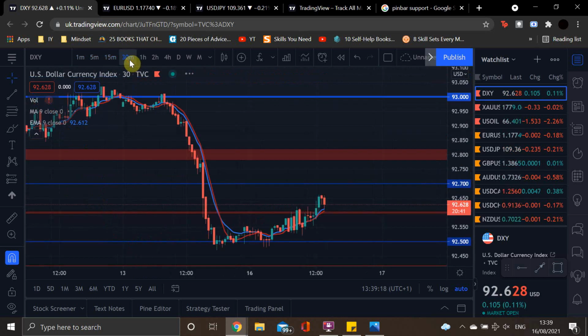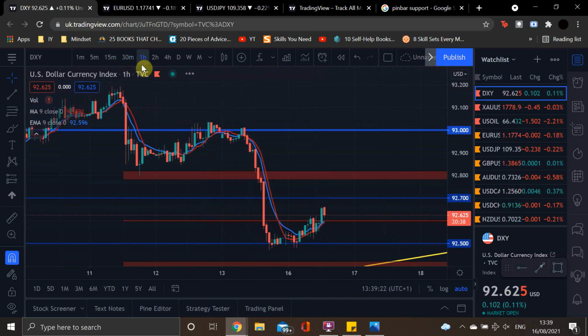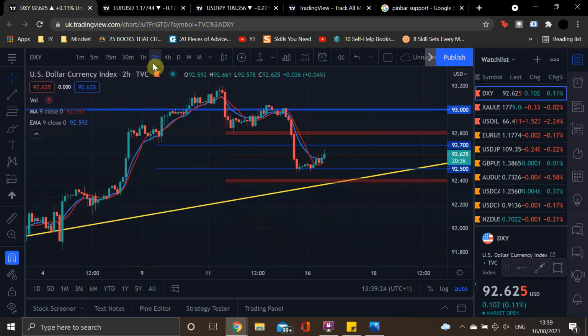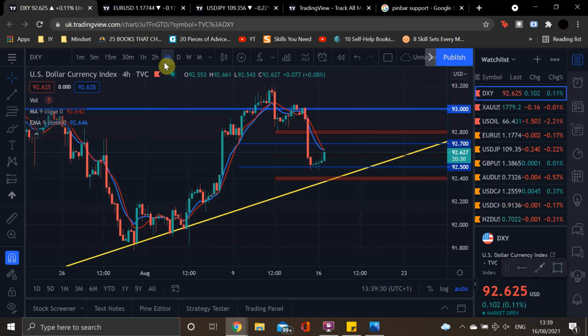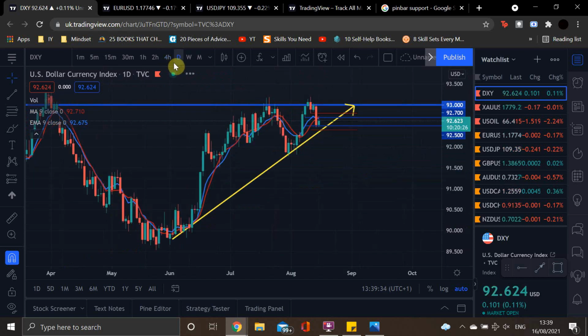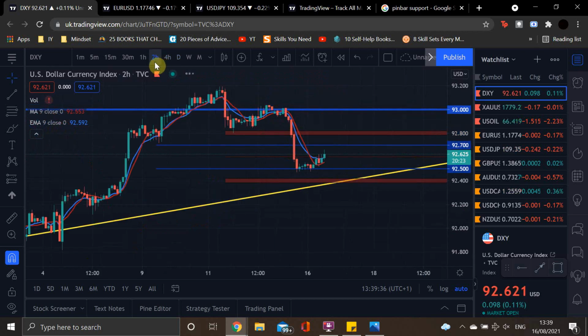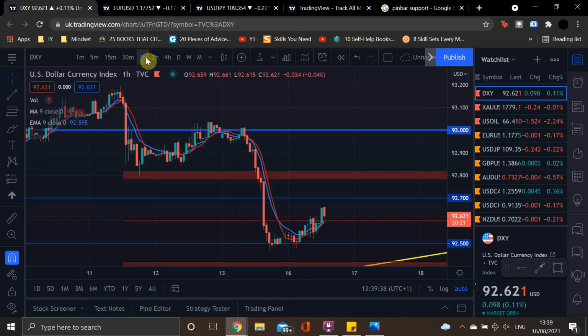This is a slight uptrend now. Maybe trying to reach that trend line.